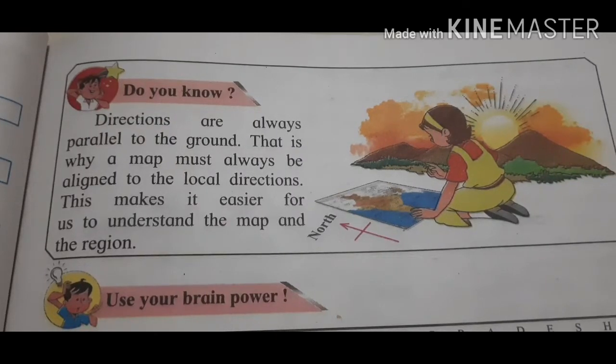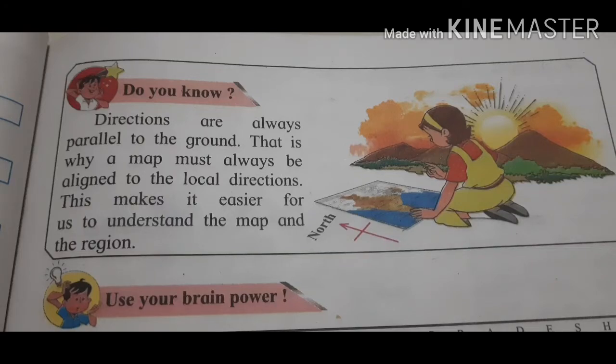So students, let's revise. What have you studied till now? We have studied the four main directions. Which are those? East, west, north and south. Direction and subdirection have been determined by man on the basis of rising and setting of the sun.